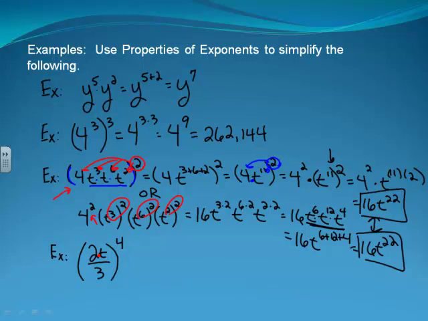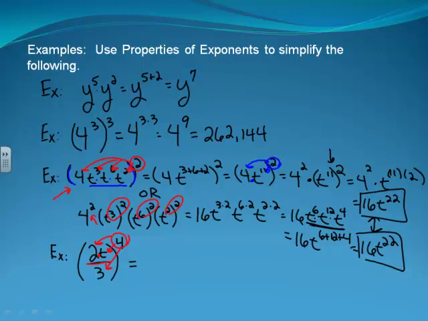Notice you have two things in your group. You have multiplication and you have division. With both multiplication and division, if you have a power outside that group, you can distribute that power to each of those terms individually. That's actually two separate properties that I'm combining into one step.